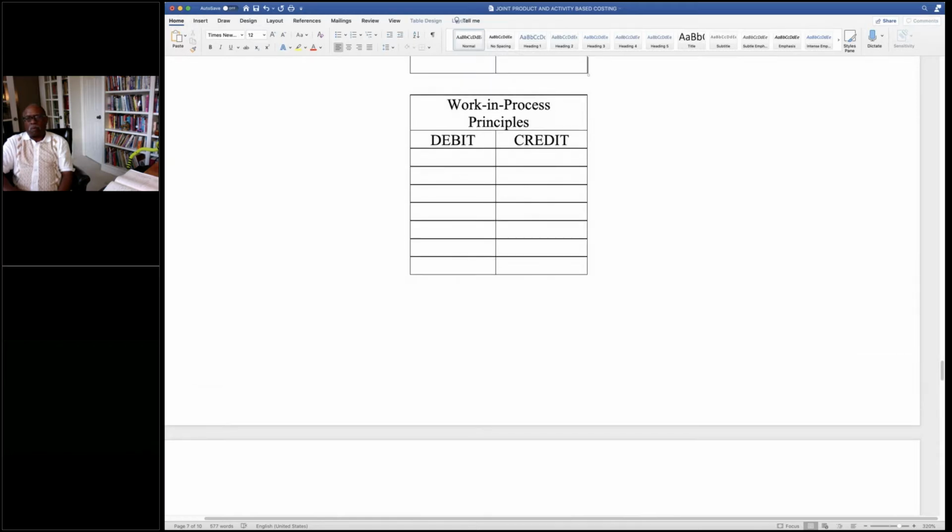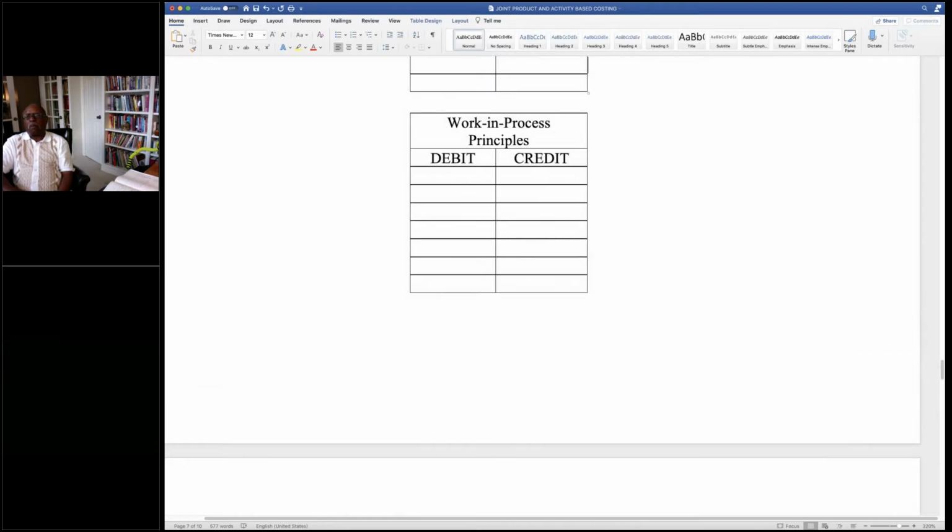So in that T-chart, work in process principals, we're going to put the debit that matches the credit that we put in the raw materials T-chart up above.